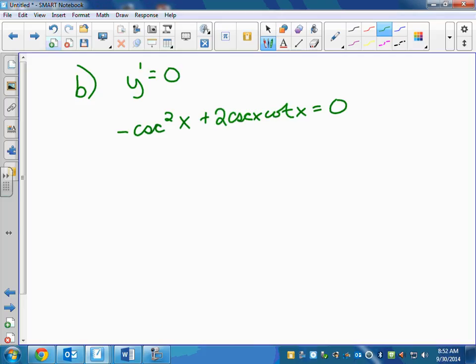What I did, as the last resort when solving equations, is I changed them to sines and cosines. So I changed this to negative 1 over sine squared x plus 2 over sine, since cosecant moves sine to the bottom, and cotangent would be cosine over sine.